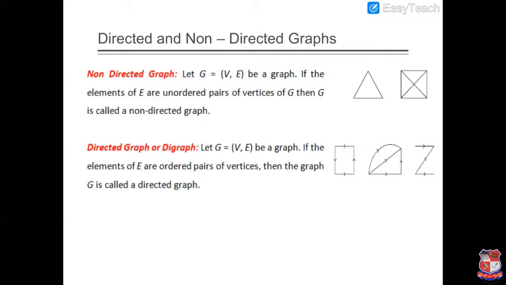And if the elements of E are ordered pairs of vertices, then the graph G is called a directed graph. Here, examples of non-directed graphs and directed graphs are given. Directed graphs are also called digraphs. In a non-directed graph, the directions are not given, while in a directed graph, the directions are given.